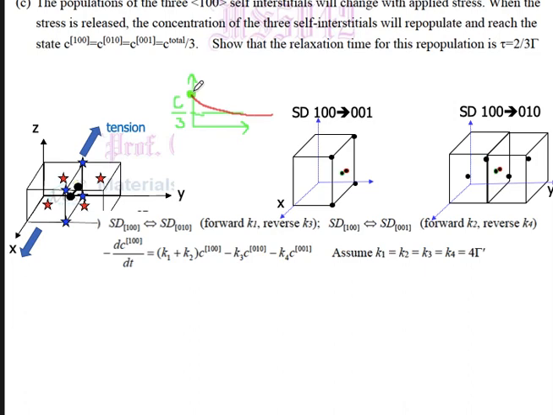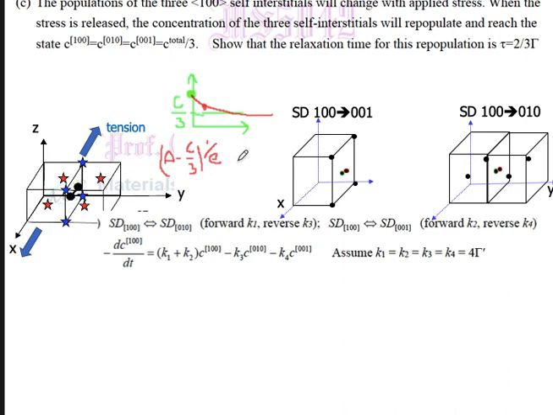So the relaxation time is this concentration minus C total divided by 3, times 1 over e. If I assume the concentration is A, it will be A minus C total over 3, times the reciprocal of e.